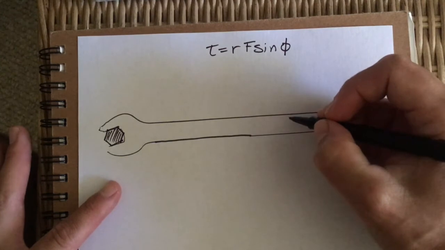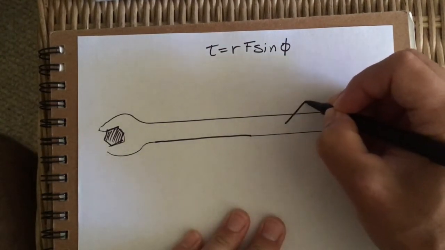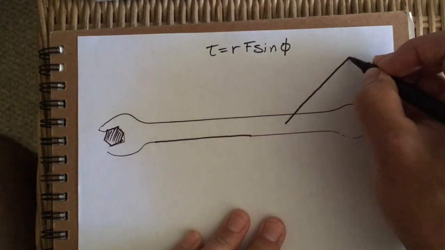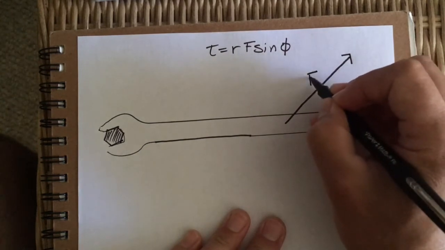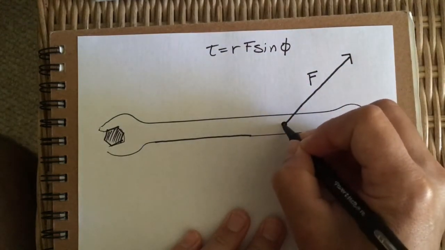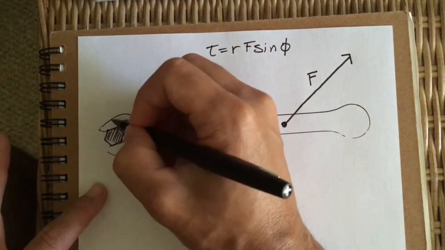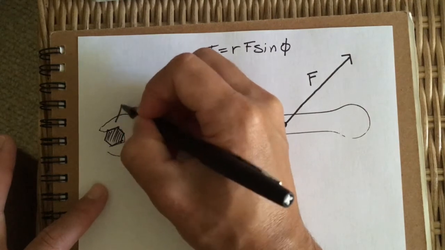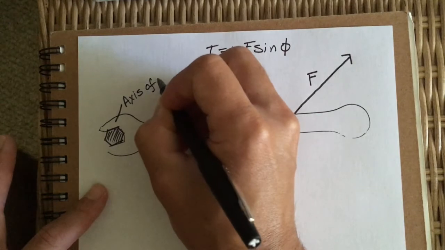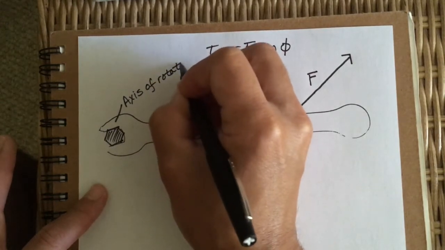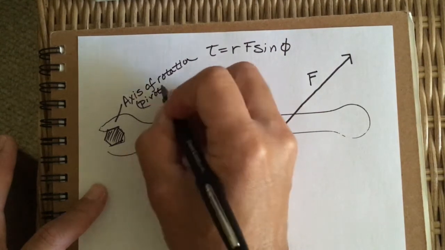So you're going to put a force, and let's say you decide to work at some other angle than 90 degrees, that you try to push the wrench like this. And we can see that this force is some distance away from the nut here, which is the pivot or the axis of rotation. Also call it the pivot.